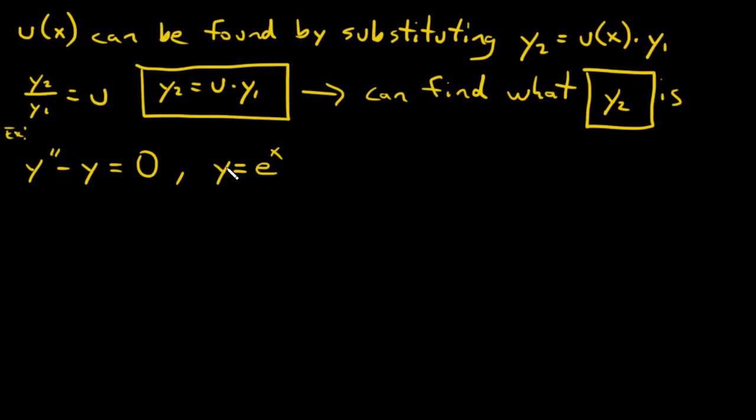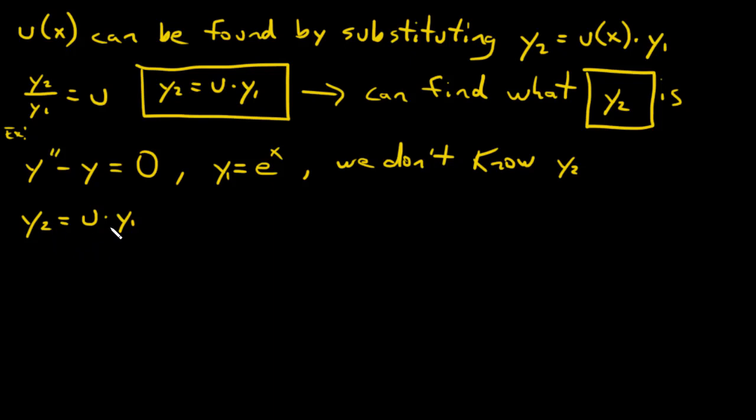So I know that one checks out. So y1 is equal to e to the x. But let's say we have no idea what y2 is. So what we're going to do is say y2 is equal to u times y1, okay?